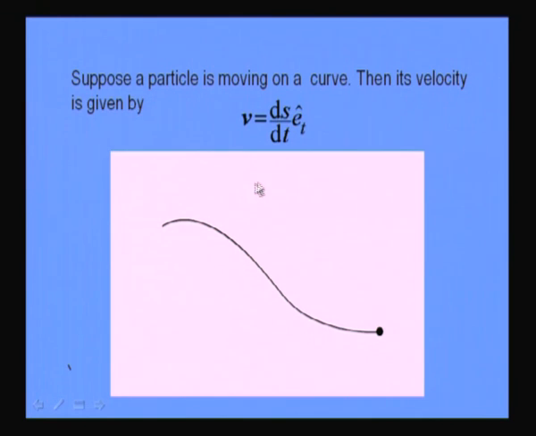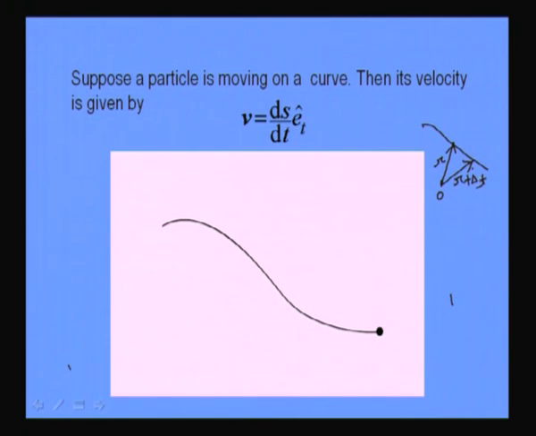This is very easy to see here. Suppose this is the curve, and this is the origin O. At one instant of time the position is r, and after time t the position becomes r plus delta r.